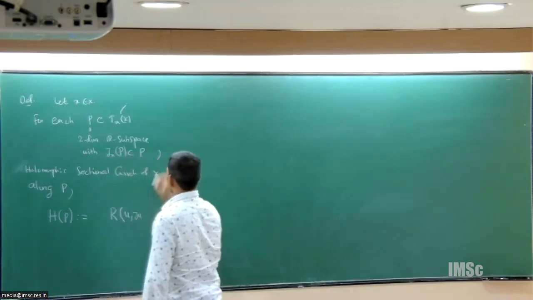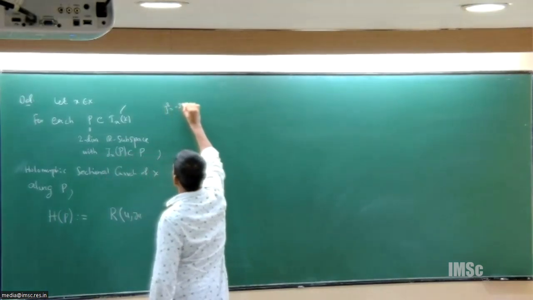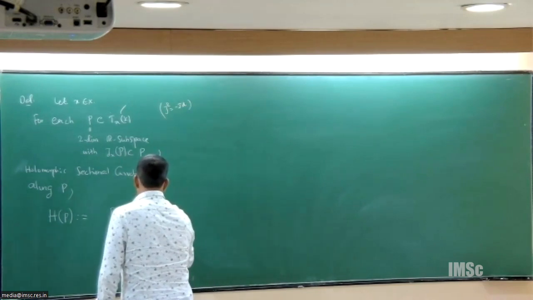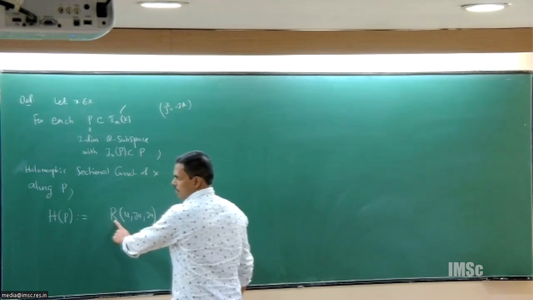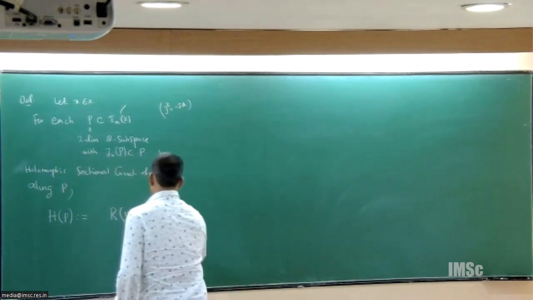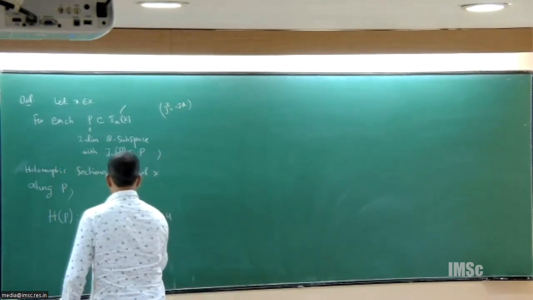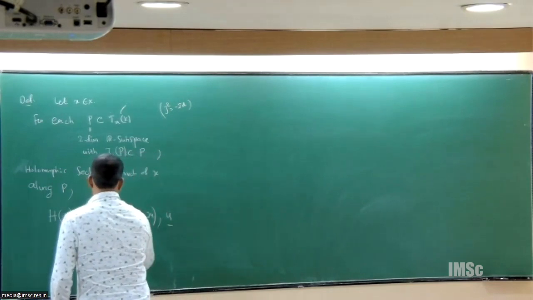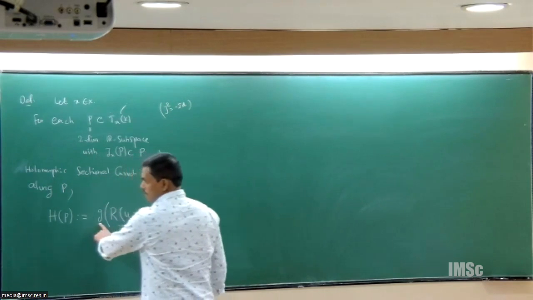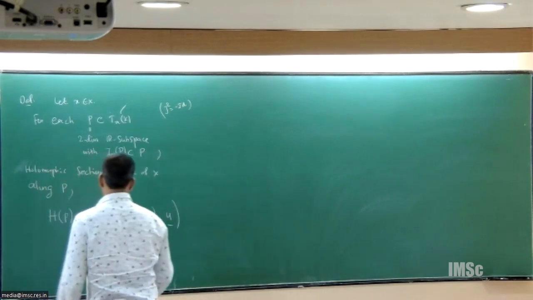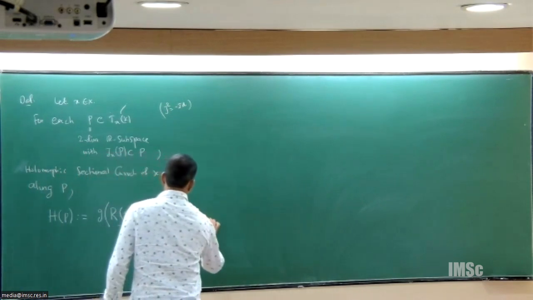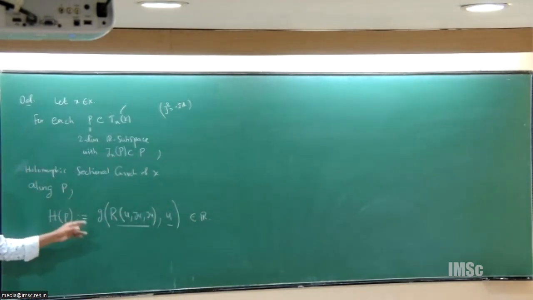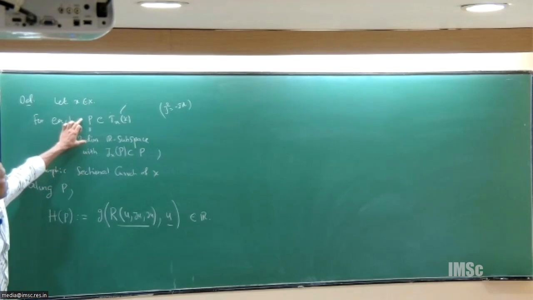Here J is a complex structure, J squared is minus identity. This R is the Riemannian curvature tensor. Then this is a tangent vector, this is also a tangent vector. Now we apply g, the smooth metric. This is a real number. So this is called holomorphic sectional curvature along the holomorphic plane P.